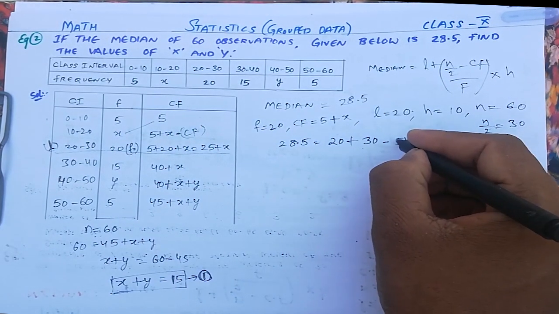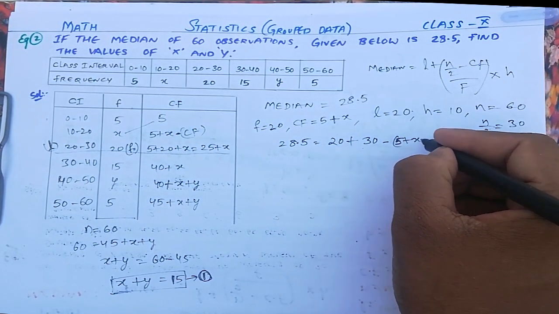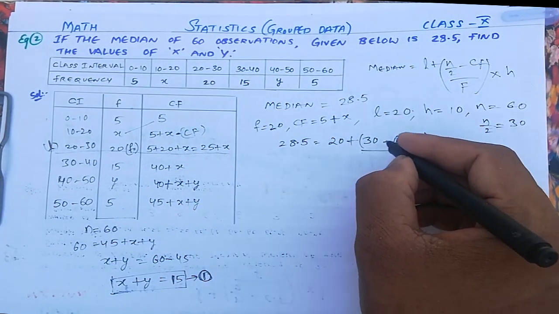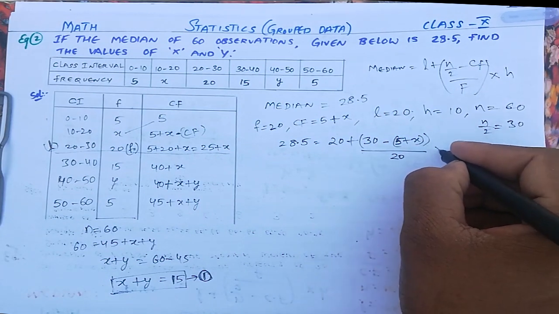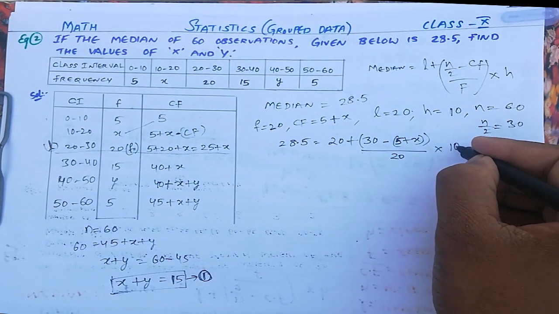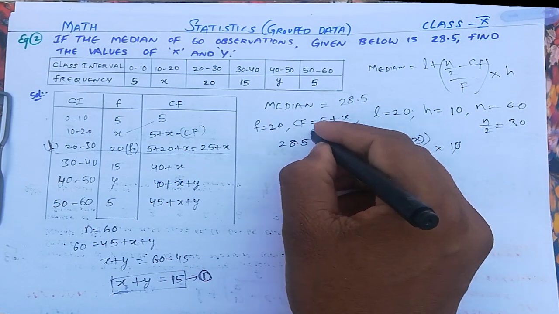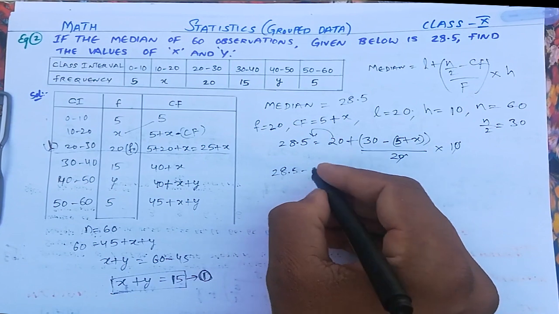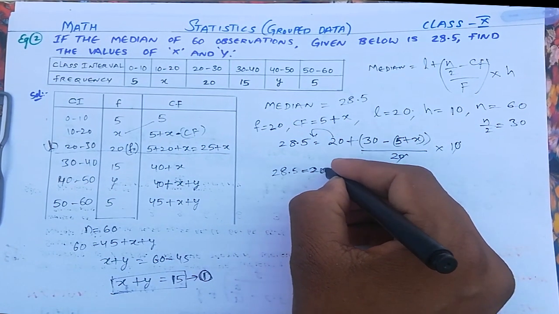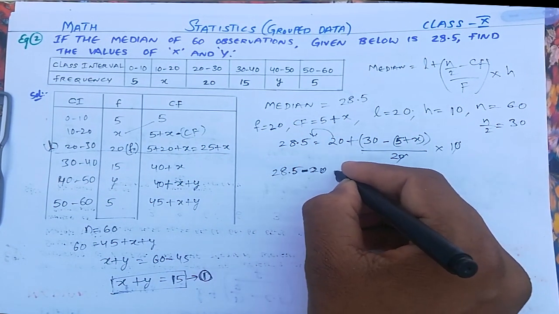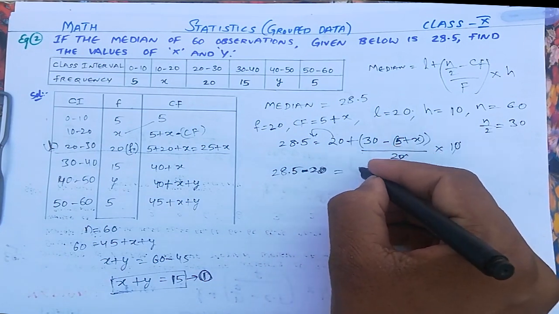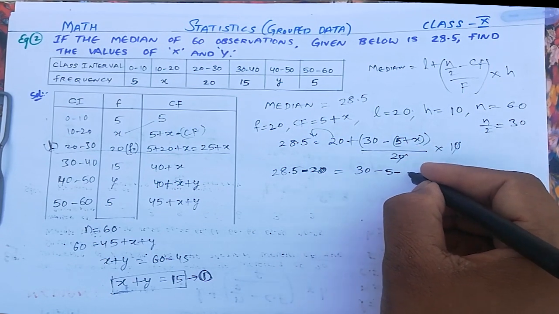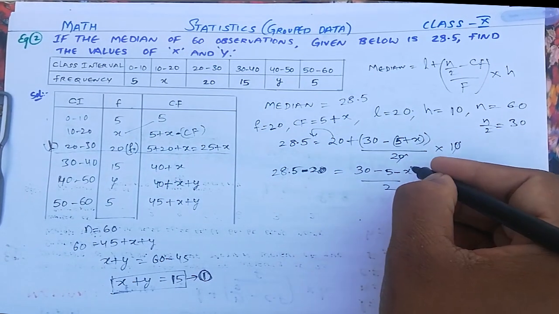Before writing 5 plus x, we should write it in brackets, by f value 20, again into h value 10. Cancel these zeros, 10 ones and 10 twos. 20 bring this side, 28.5 minus 20 equals 30 minus, here 5, minus is common, so take minus inside, minus x, all by 2.